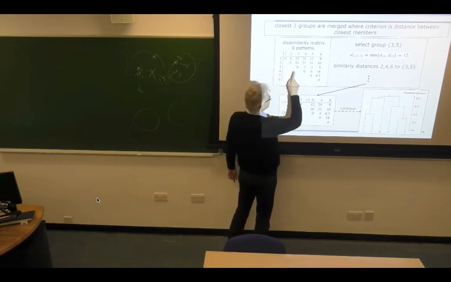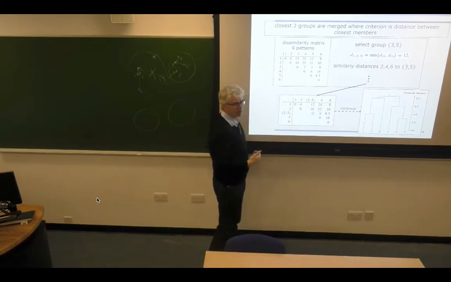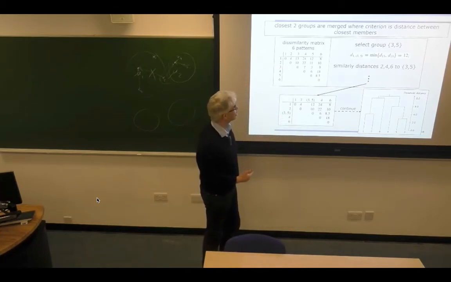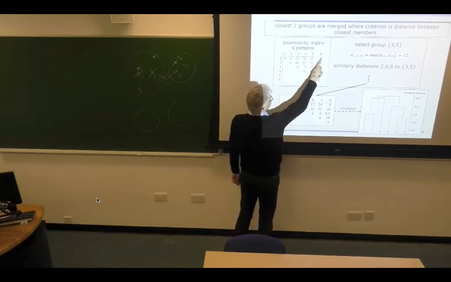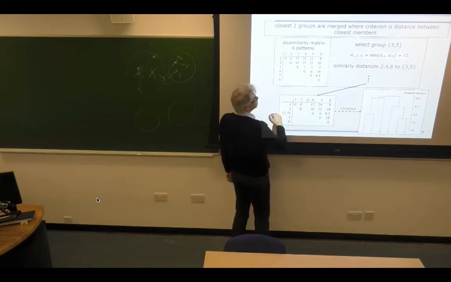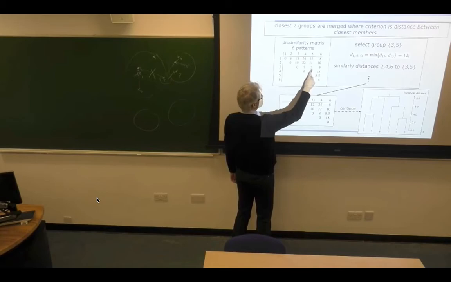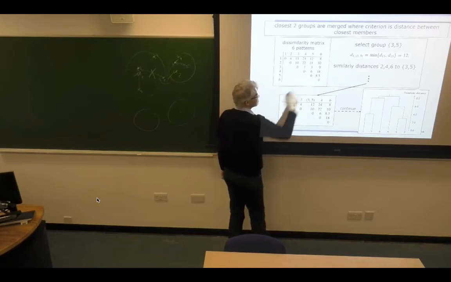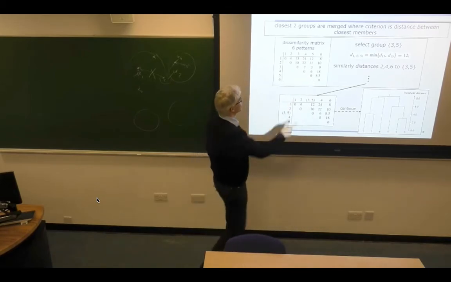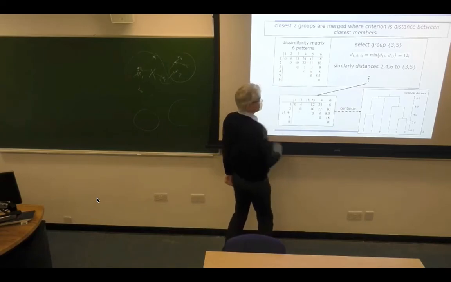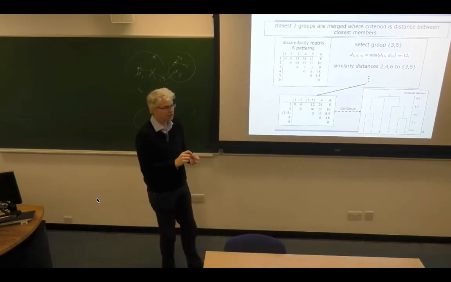We then, in order to do the first clustering, need to look over all of these dissimilarity measures and find the smallest. And the smallest one is this one, 0.3. All the other dissimilarities are larger. So we choose 0.3 and 0.5 and merge them into 1 cluster.